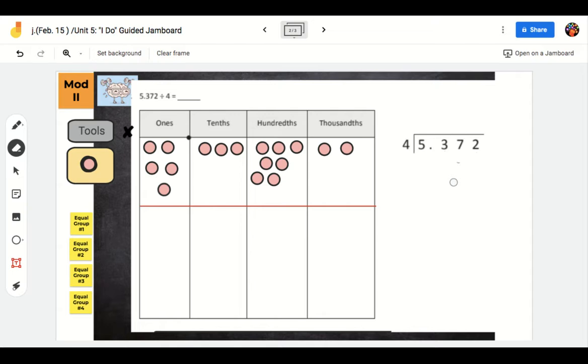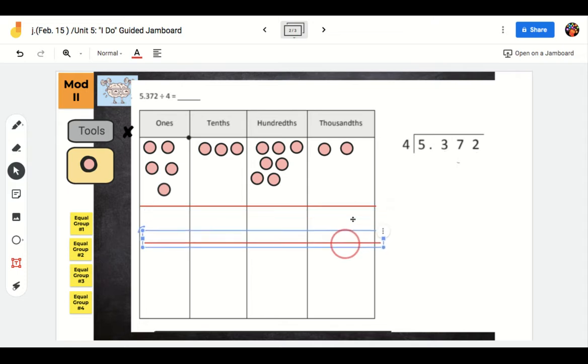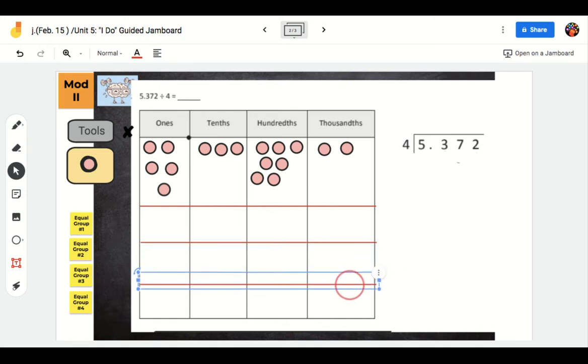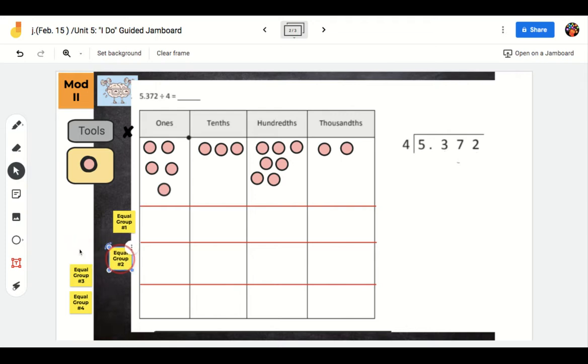How many equal shares do I need to show? 4. So I'm going to make 4 rows. One row. Now I have one group, 2 groups.